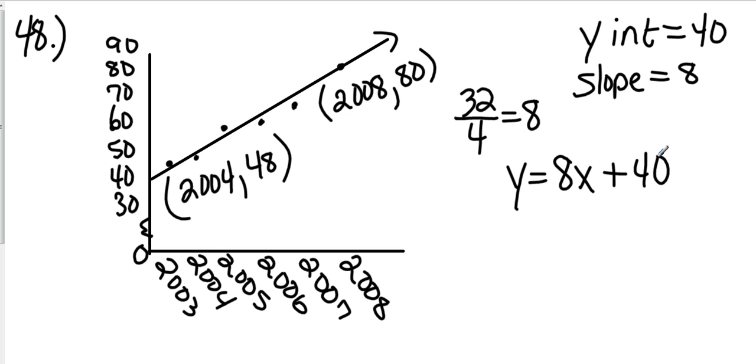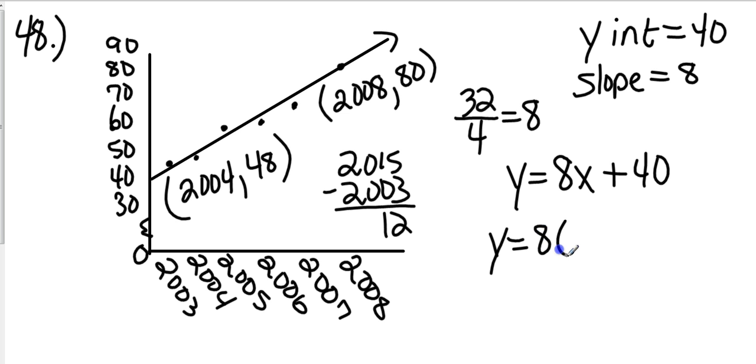So I'm guessing in letter B they're going to give us a year, and they say 2015. So from 2003 to 2015 is 12 years. So everywhere I see an x, I'm going to replace it with 12. Okay, so 8 times 12 is going to give me 96.